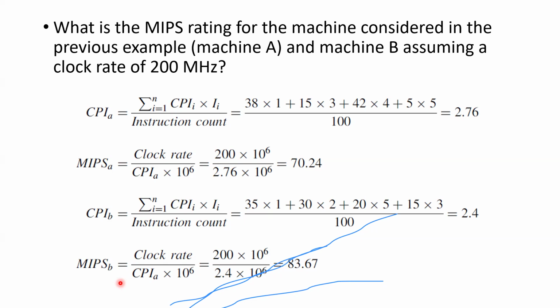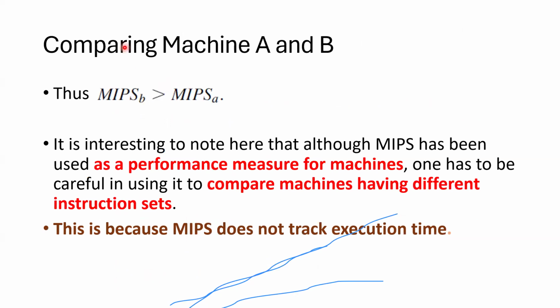Let us note something here. In your exam, let's say all of this was 5 marks. You will get, let's say, 2 marks for solving all of these things here. The 3 marks is for you to tell me that MIPS of B is bigger than MIPS of A, and the reason why, and that will give you the highest score.